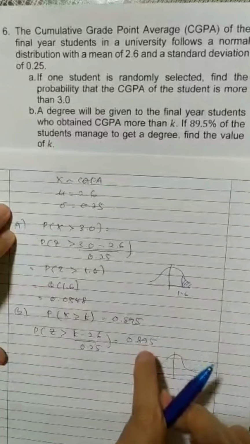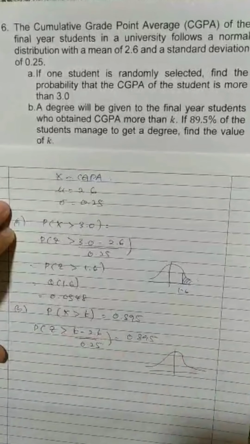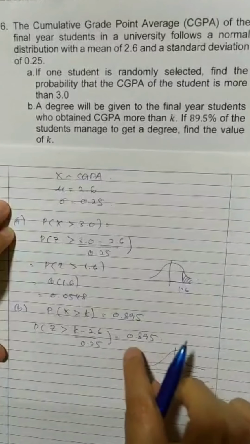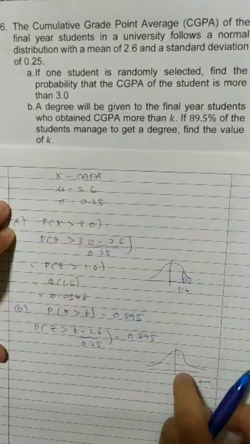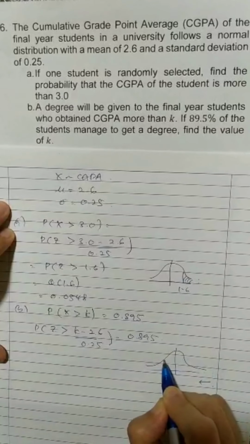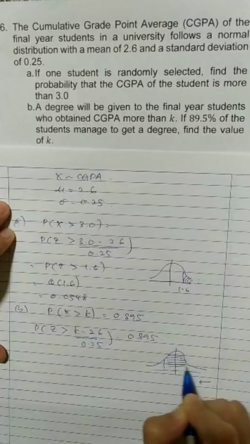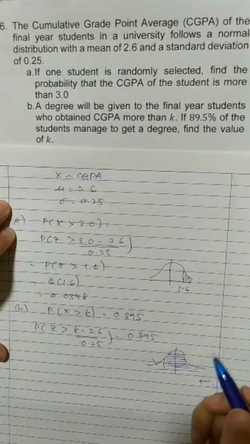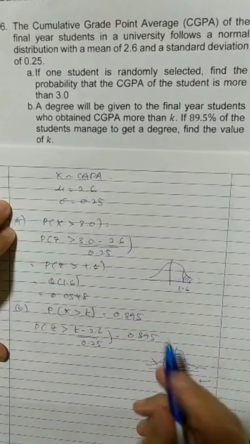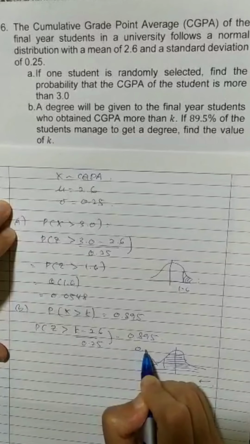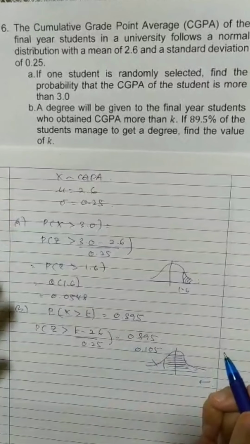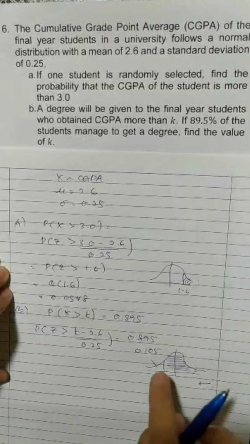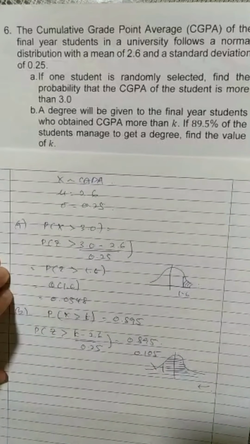This is the probability, more than from the right. 0.895 is more than 0.5, so more to the left. So you have to find this probability, which is 1 minus 0.895, 0.105. Then we refer to the probability in the table.